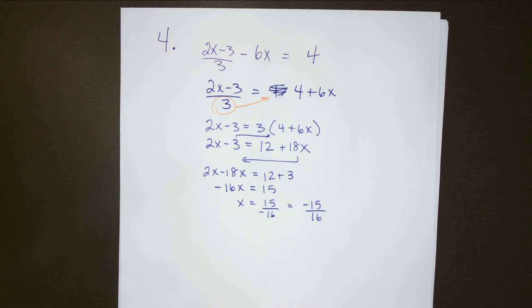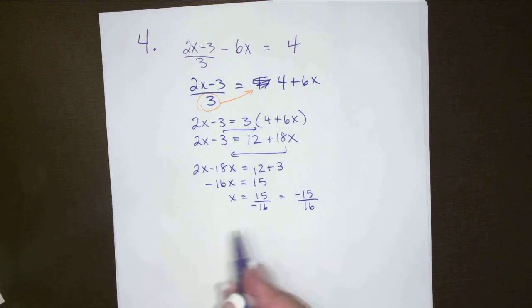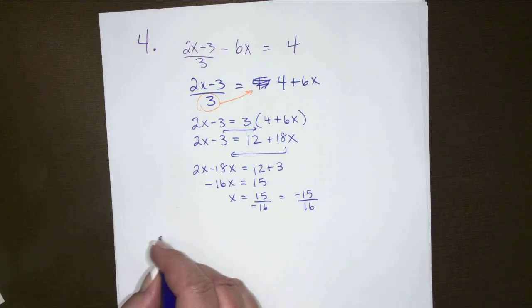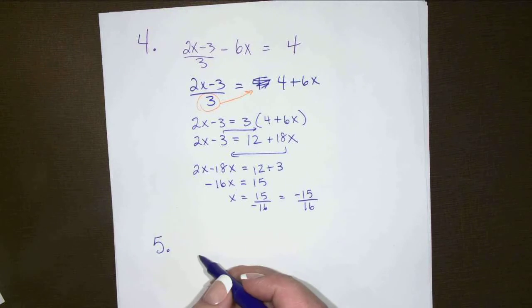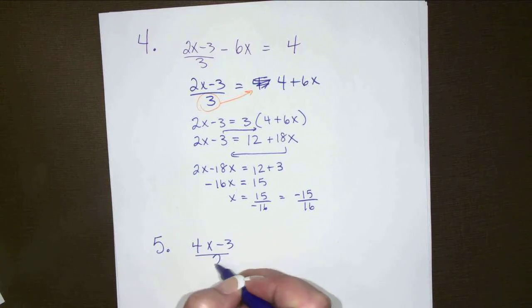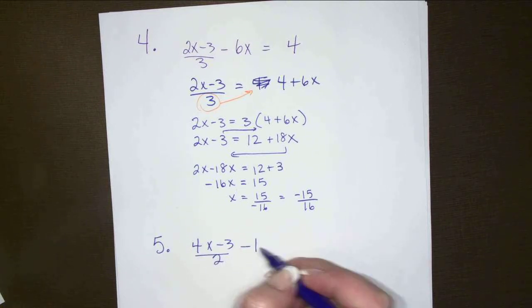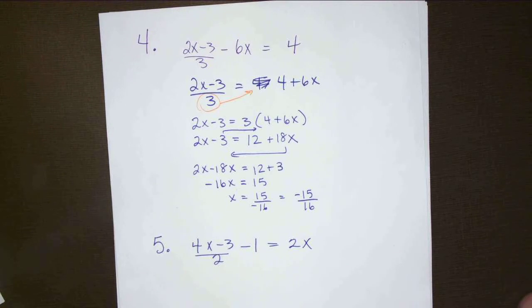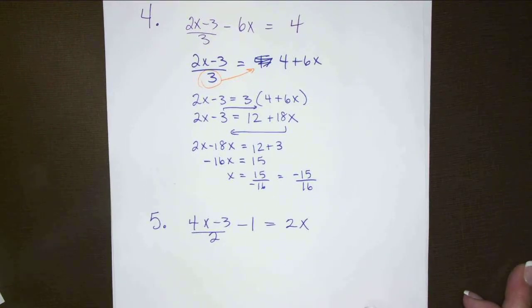Okay, questions? So you can sometimes avoid doing a common denominator when there's 3 terms. Okay, so look at what you have first before you jump right to a common denominator. So, exact same thing.